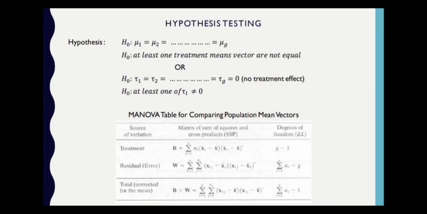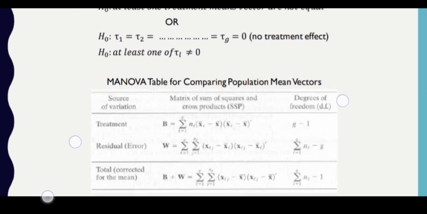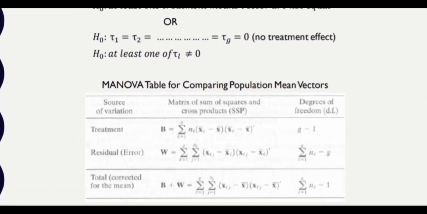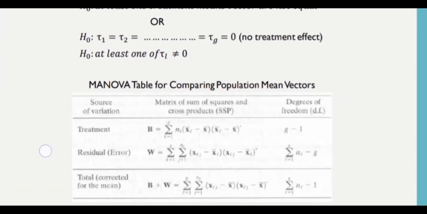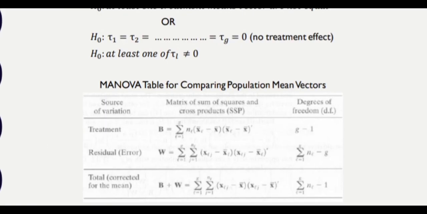Okay, so the MANOVA table in your textbook you can refer in page 302. Kalau kat sini tak nampak sangat kan. Okay, page 302. Okay, so dia punya karakteristik sama. Source of variation we have treatment and residual dan juga total, and then you need to calculate the sum of squares and the cross product.